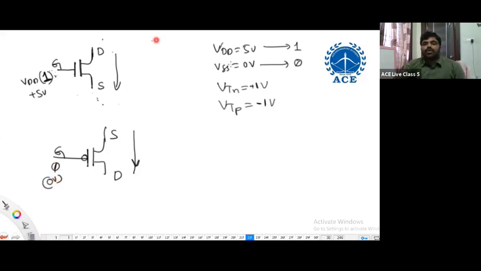The gate at logic 0 is lower potential, so gate to source potential is negative, then it can switch on.